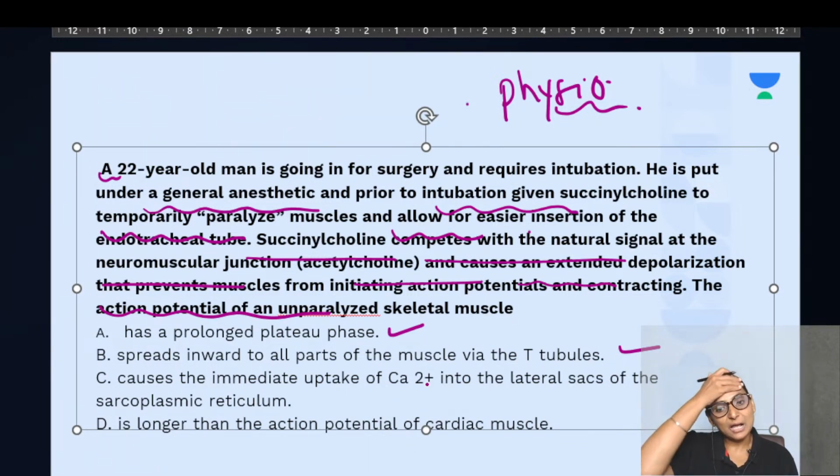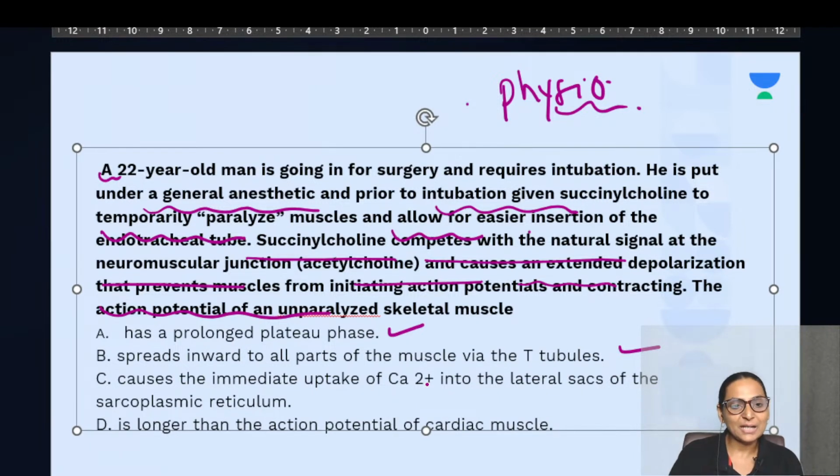So what is the correct answer when you start studying the action potential of the skeletal muscles? Prolonged plateau potential, longer action potential, spreads via the T-tubules, or immediate uptake of calcium into the lateral sacs.